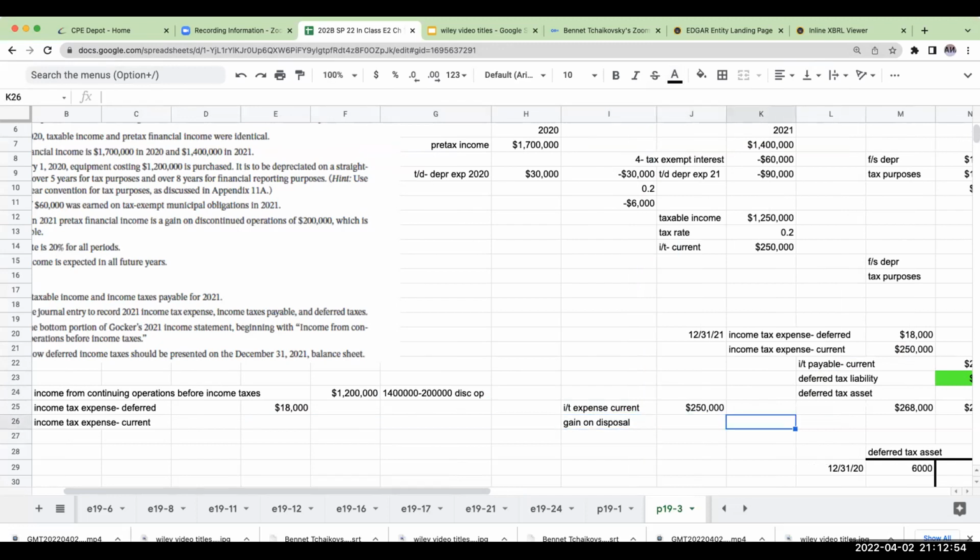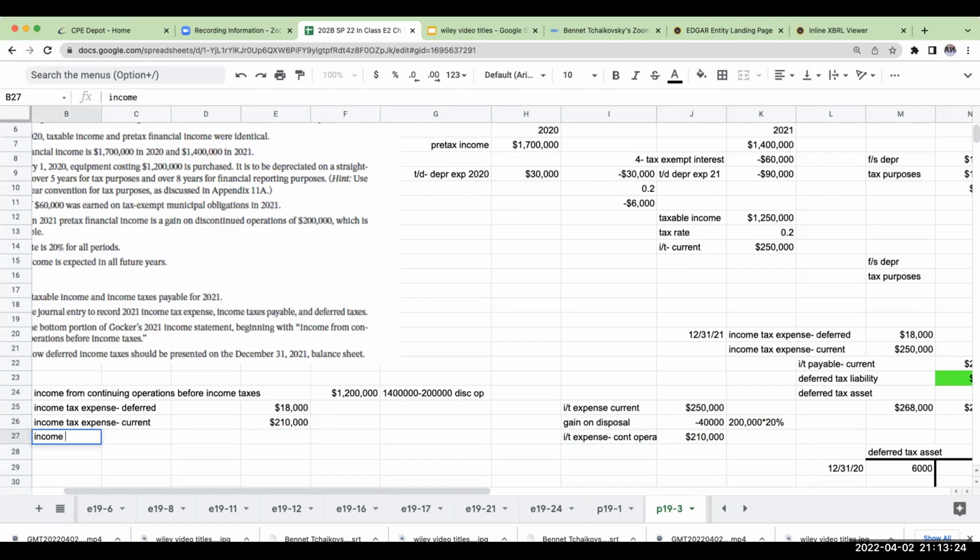The taxes on the gain on disposal are going to be 200,000 times 20%, or $40,000. So my income tax expense on my current year, basically on continuing operations, is going to be 210,000. So my income tax expense current is going to be 210.